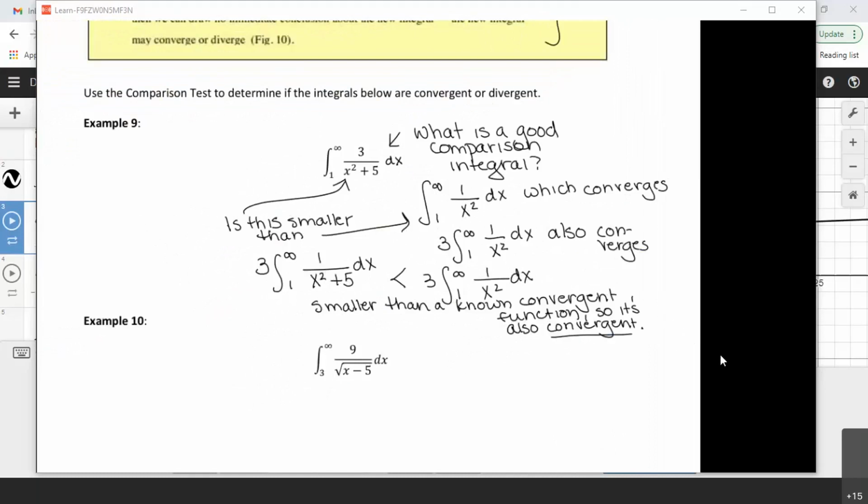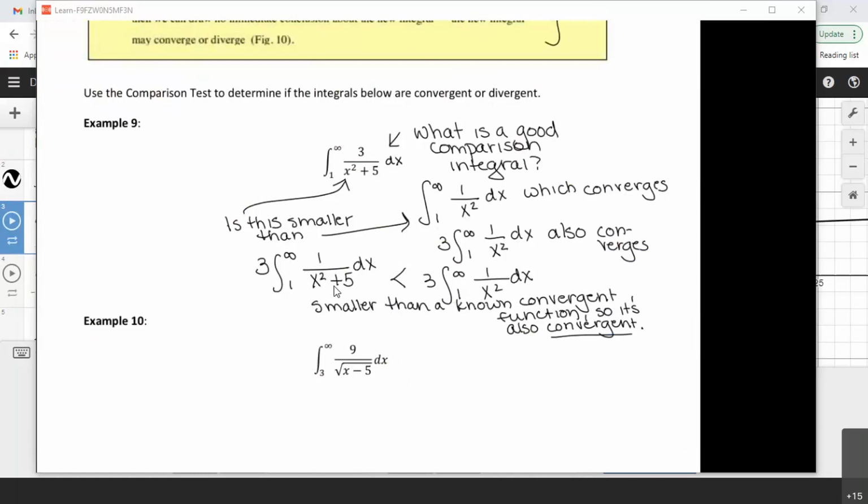Yes? I'm getting crickets. Okay, ask a question if it's not clear. I'm smaller than a known convergent function, so I must also converge.